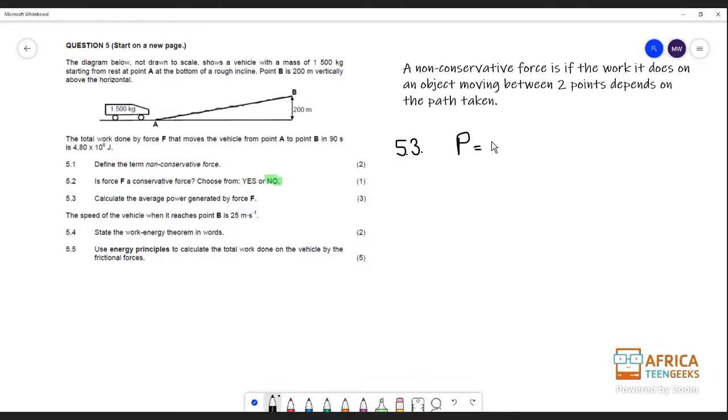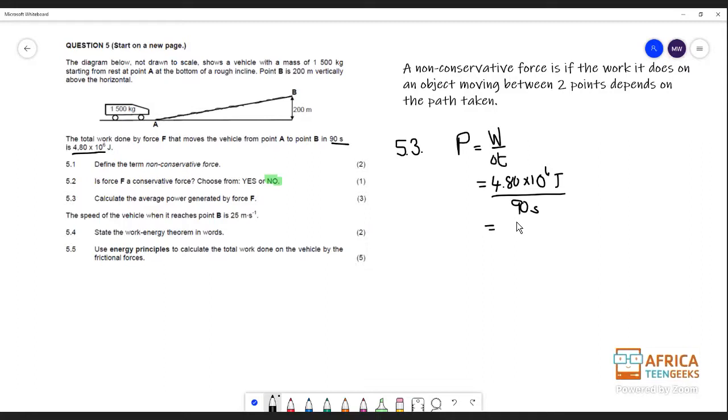P is equal to work divided by change in time, which is equal to this value over here, 4.80 times 10 to the 6 joules, divided by this time, 90 seconds.